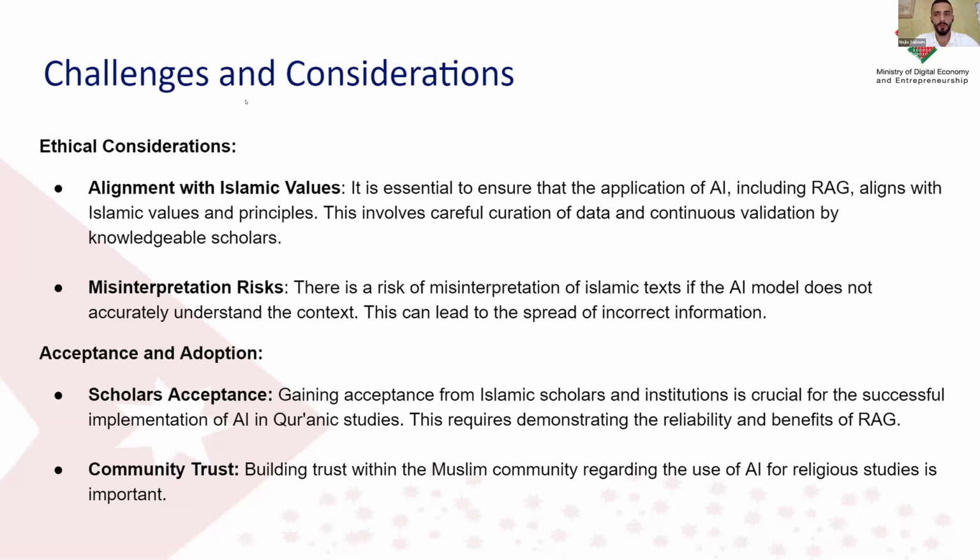Okay, so some challenges and considerations. The alignment with Islamic values, as we said, and the misinterpretation risk. We all need to know that AI will never reach 100%, and when we talk about Quran and Islam, we need very high accuracy.